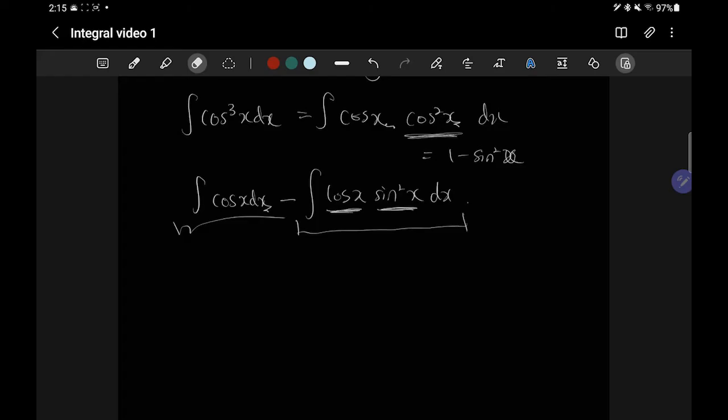So for example, let's call sine x u. The derivative of sine x gives du, and du equals cosine x dx. So what we can see is that the cosine x term is the derivative of the sine x term here.